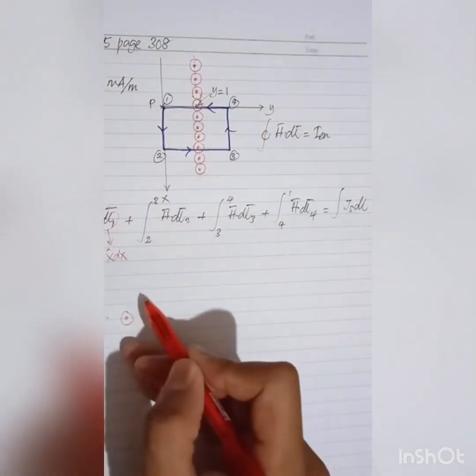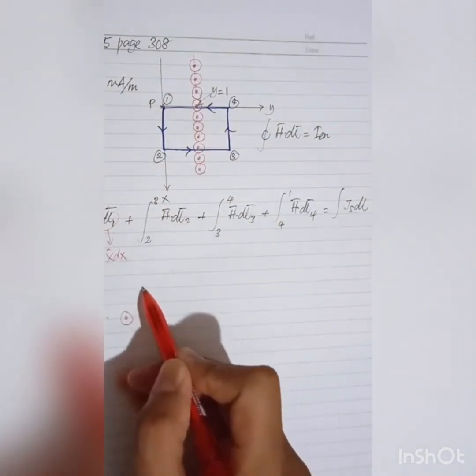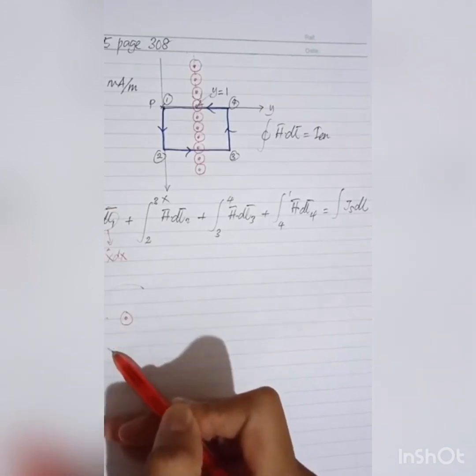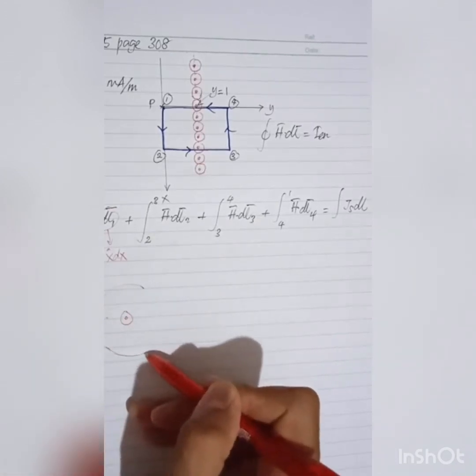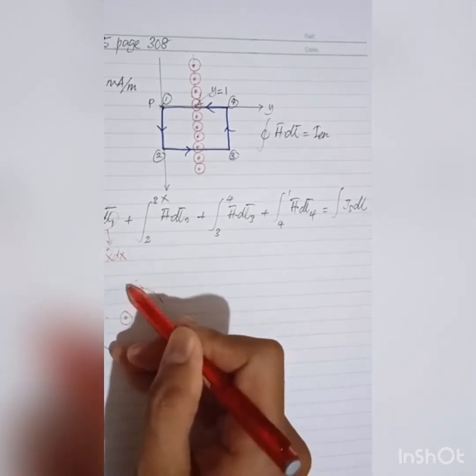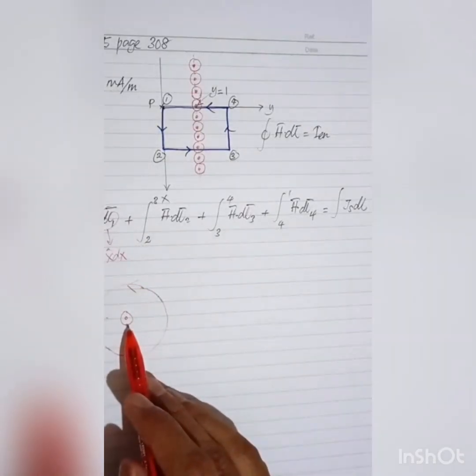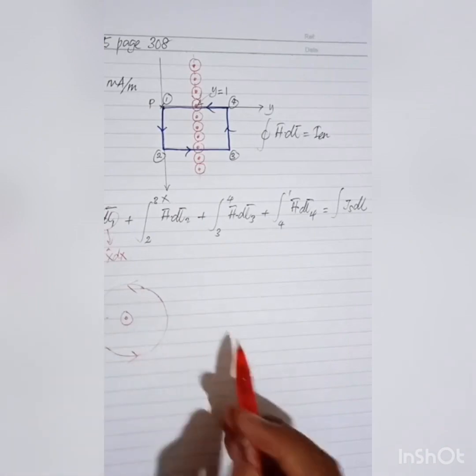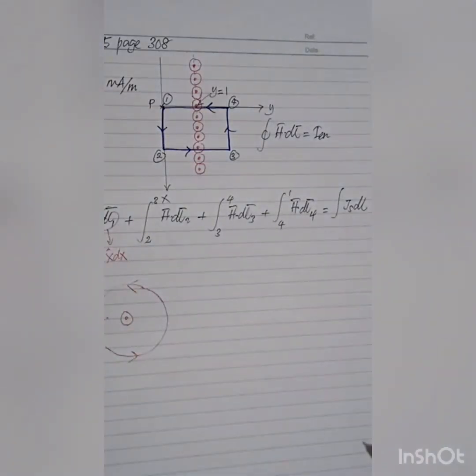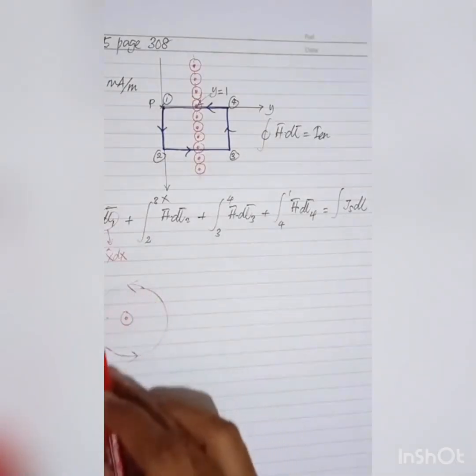So from here you can simply find the H field becoming like that. Your right hand thumb is here, your line current coming up, and the rest of your right hand fingers become your H direction.